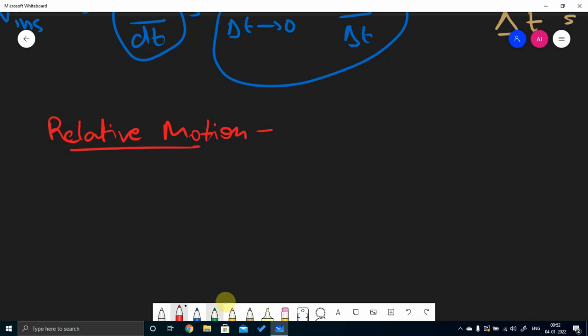To get a better feeling of relative motion, let's try understanding this. Let's say there's a ball. Imagine that you're inside this ball, or imagine this is a car. I can't keep drawing a car over and over again because that takes me quite a while. So let's say this ball is traveling at 5 kilometers an hour, and in front of it there is another ball traveling at 2 kilometers an hour.